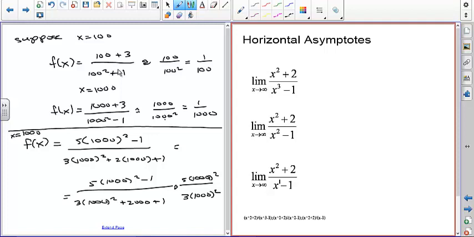And remember, if there is no coefficient in front of the leading term, then the coefficient is 1. And if there is no exponent, the exponent is 1.